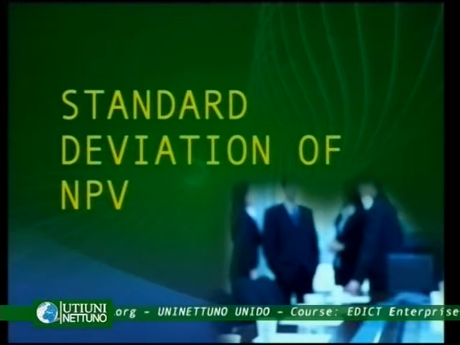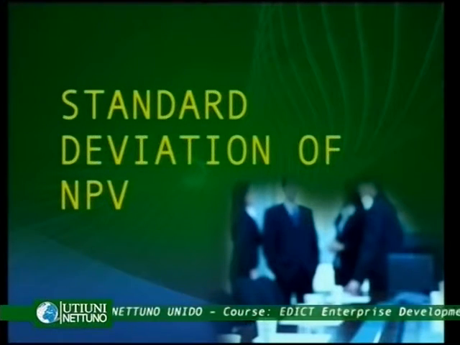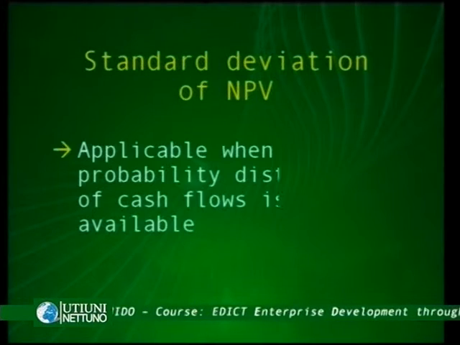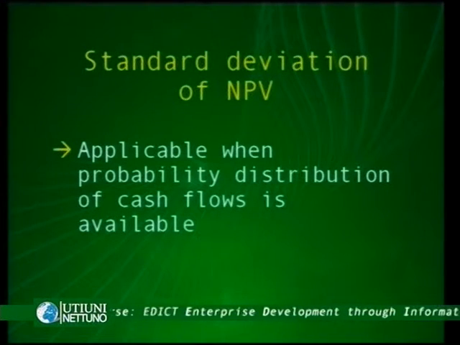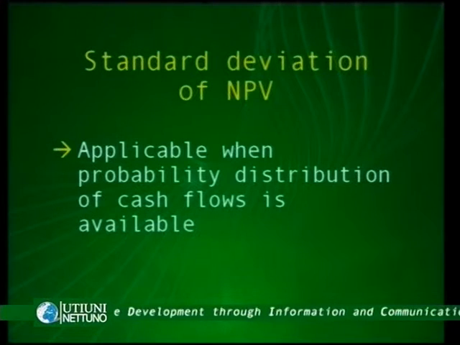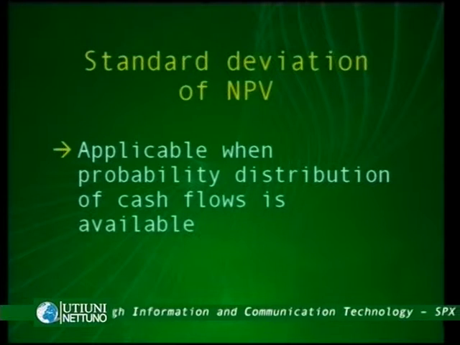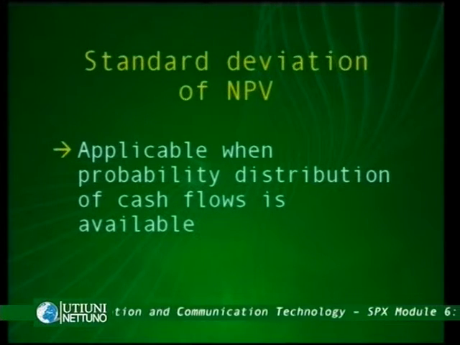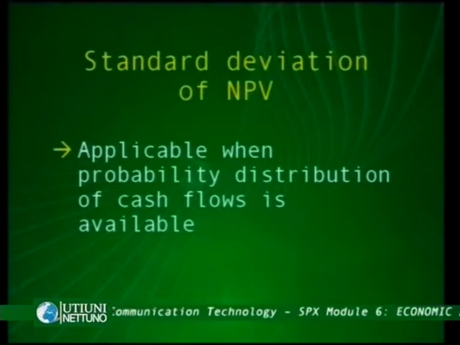A second indicator of risk is the standard deviation of NPV. So the standard deviation is, as we were saying before, a measure of the dispersion of possible outcomes of a project. However, this is clearly applicable only when a probability distribution of cash flows is available.